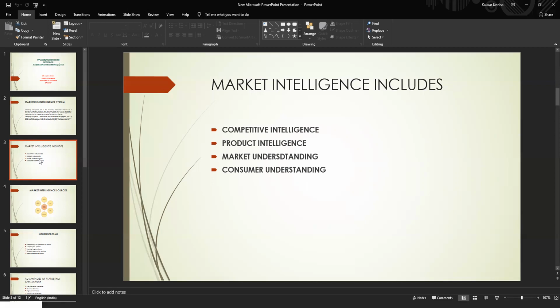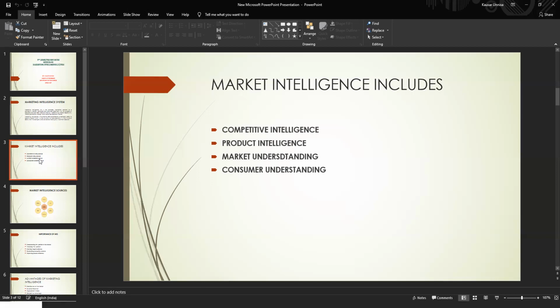So what does competitive intelligence mean? This is a type of marketing intelligence where the organization has to focus on the competition. Here the entrepreneur has to understand their competitors, and also make use of informed decisions, and they can assess how to position their products or services in the market.